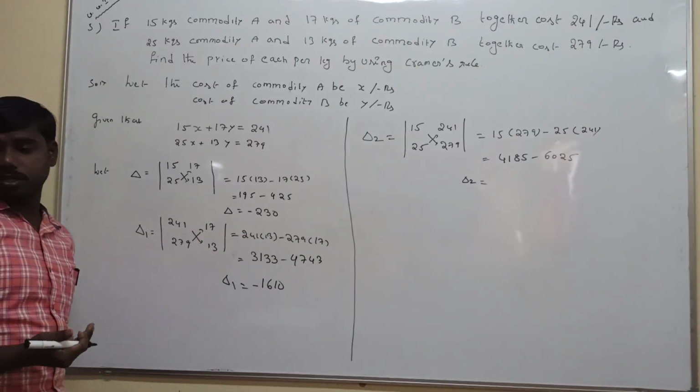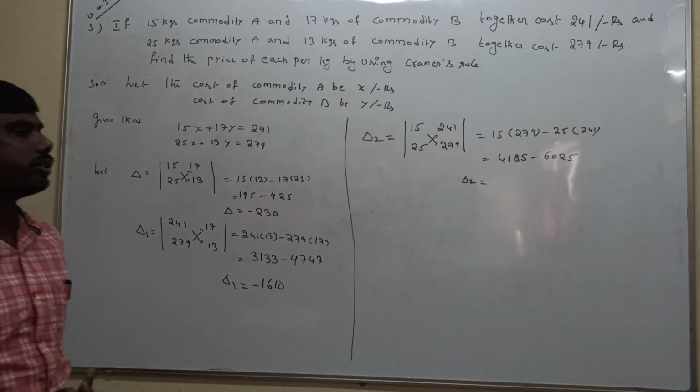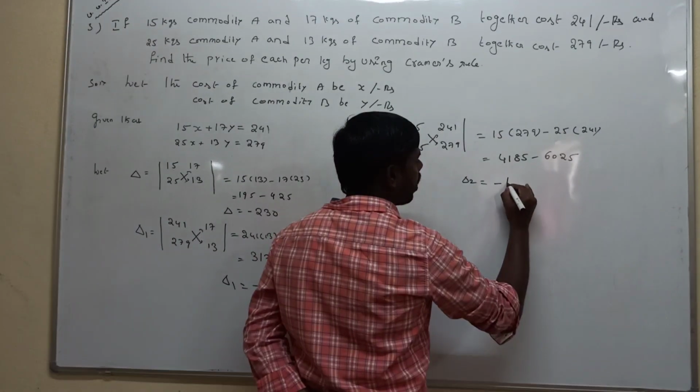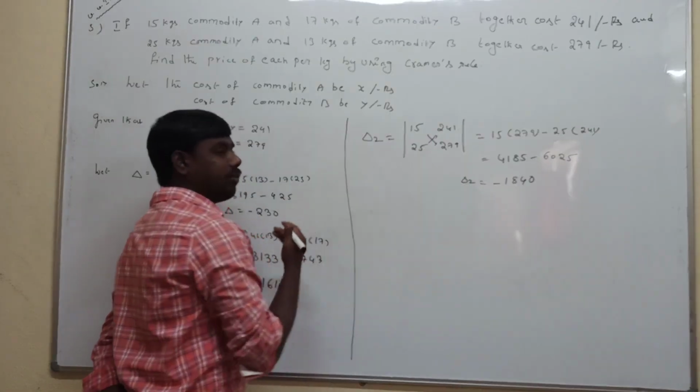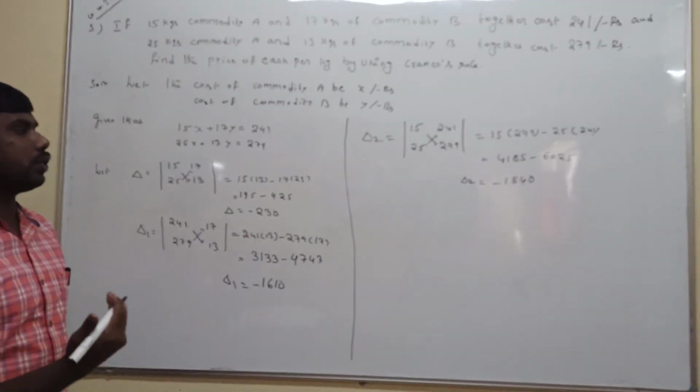After subtracting, we get minus 1840. So delta, delta 1 and delta 2 are known.